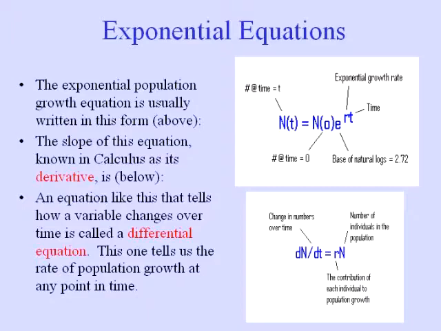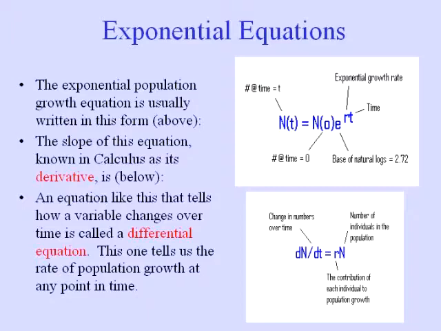dN over dt, that is a notation that comes to us from Leibniz. And most calculus courses use Leibniz's notation. It means explicitly a differential in N over a differential in t, which we can translate to plain English to say a change in numbers over time.